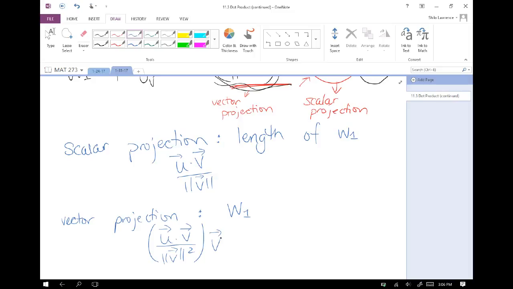They're just asking a different question. The scalar projection is just asking us how long is it going to be. We already know the direction. It's in the direction of V. Scalar projection is just telling us how long the new vector is going to be. The vector projection actually gives us a vector answer. It incorporates the length that we found in the scalar projection with the vector in the V direction and puts them together to give us a full W sub 1 answer.